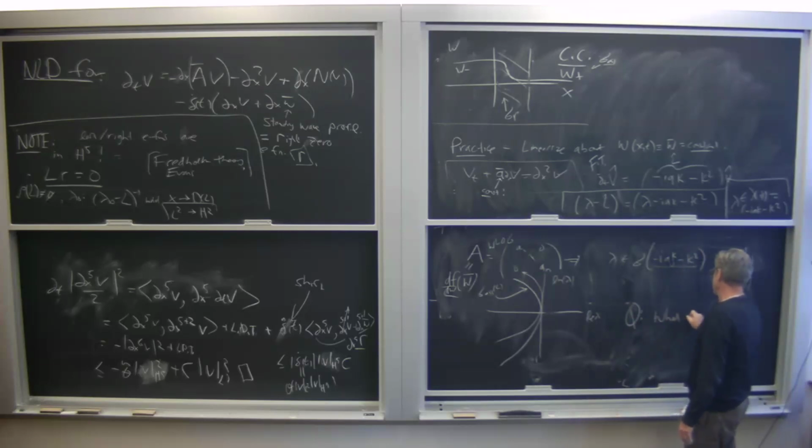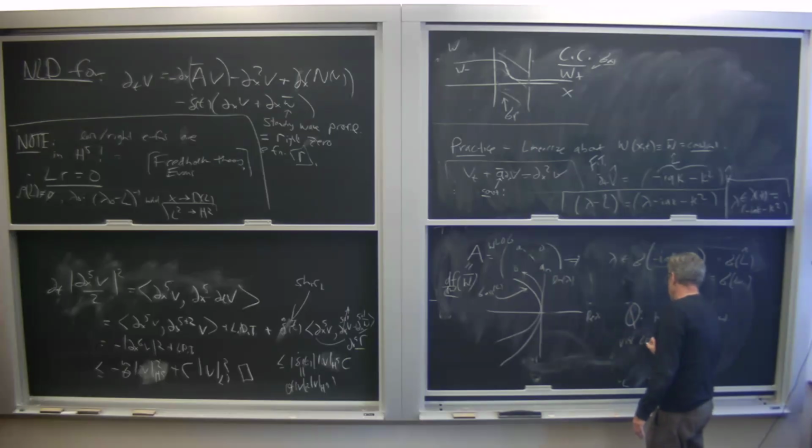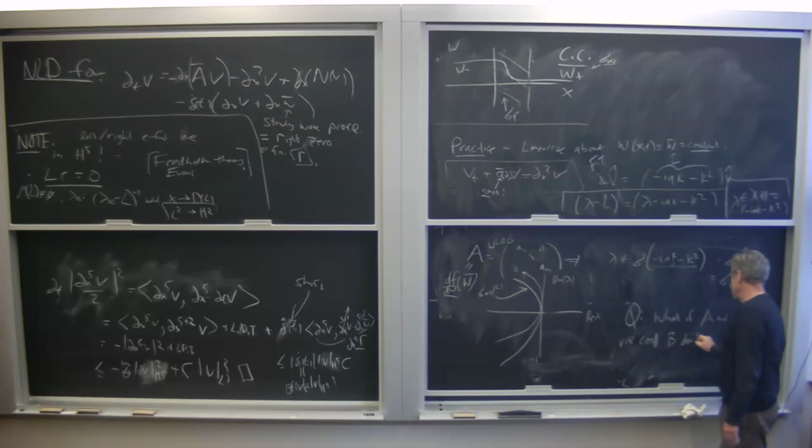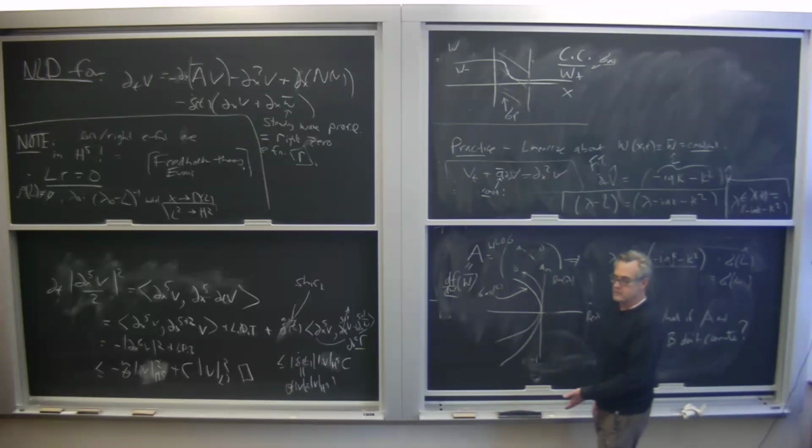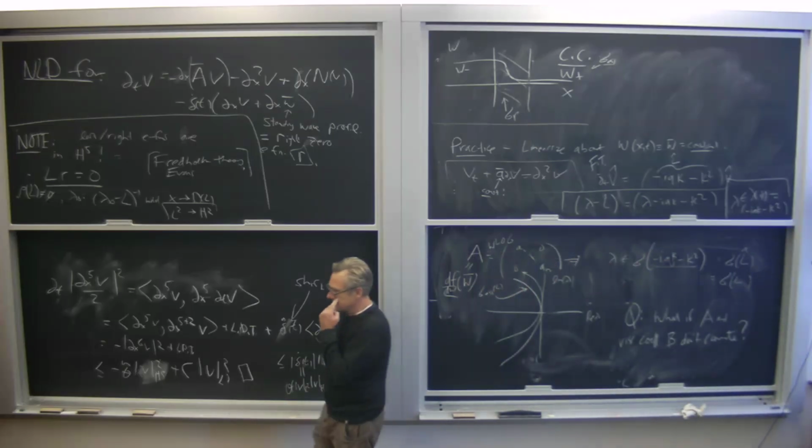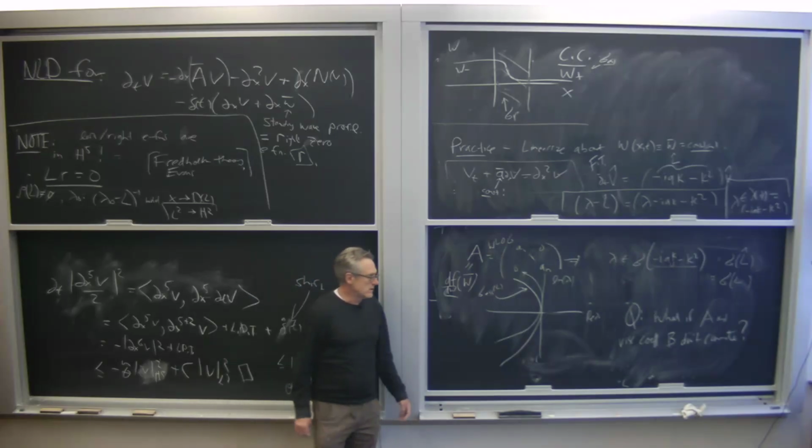Okay, so what if A and the viscosity coefficient B don't commute? Well, it's harder, right? Because you won't be able to write it down explicitly anymore.